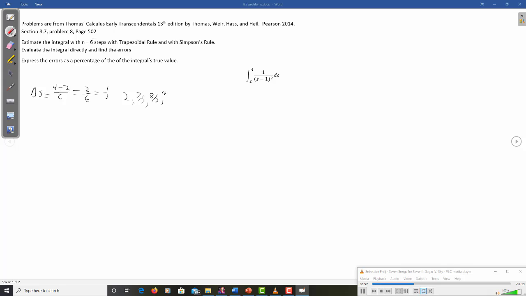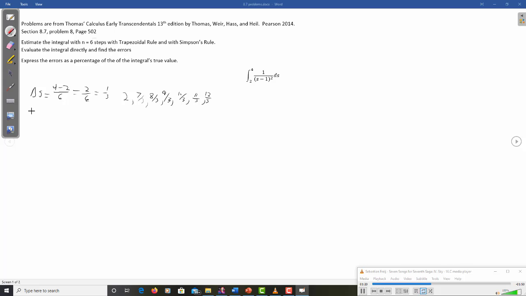I'll just keep going with this. It'll be convenient to plug into the calculator this way. 10/3, 11/3, and 12/3, or 4. That is 1, 2, 3, 4, 5, 6, 7 points, which would mark off 6 subintervals.